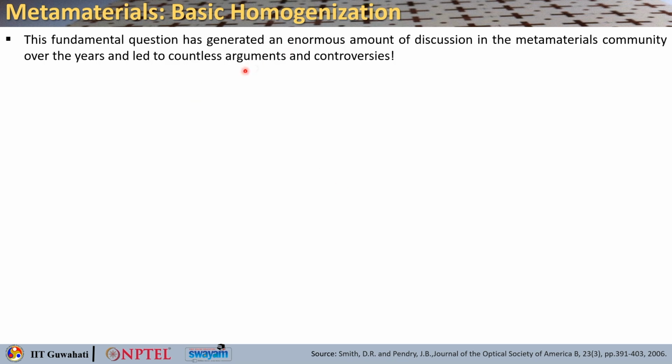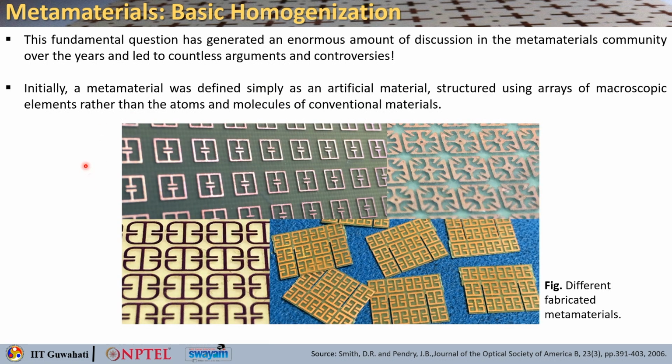This fundamental question has generated an enormous amount of discussion in the metamaterial community over the years, about how you do the homogenization, and it has also led to countless arguments and controversies. Initially, a metamaterial was defined simply as an artificial material structured using arrays of macroscopic elements rather than atoms and molecules of conventional materials.